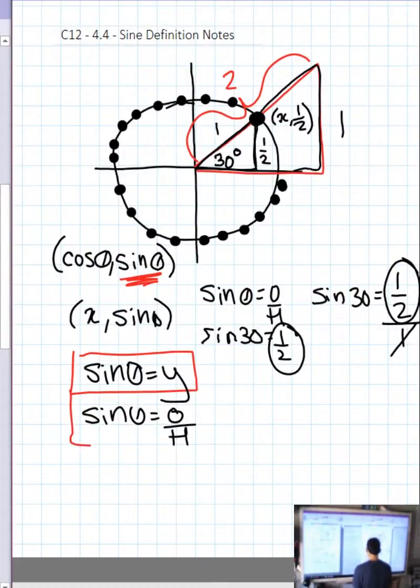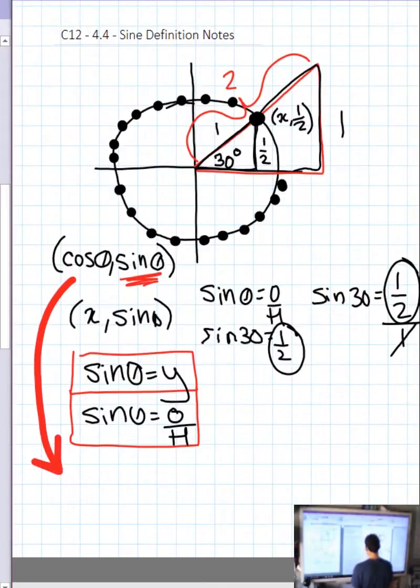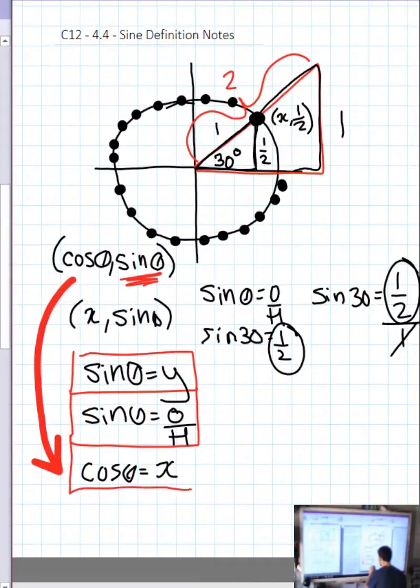So we're going to be using both definitions. Now, as we saw from the point above, cos theta is just equal to the x value of the unit circle, and that is the definition of cosine.